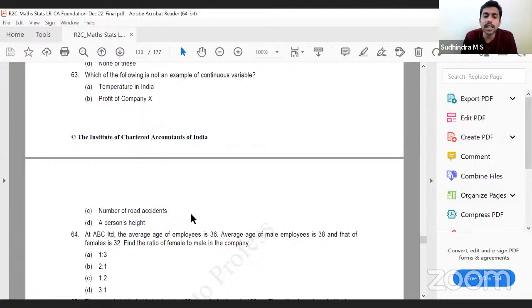At ABC Limited, average age of employees is 36. Average age of male employees is 38 and that of female employees is 32. Find the ratio of female to male in the company.